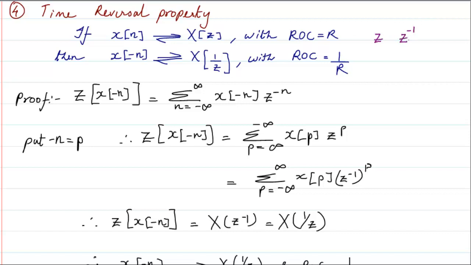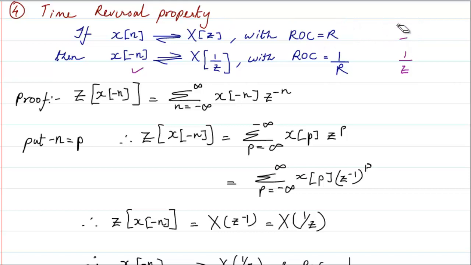And what is z inverse? Z inverse is 1 by z. So if you reverse the time, all that you do is write z inverse, that is 1 by z, instead of z. And what happens to the ROC? Whatever the ROC is, it is going to change as 1 by R.